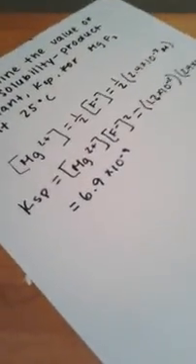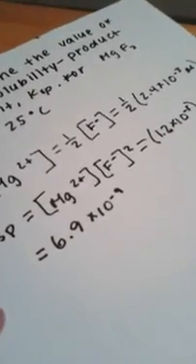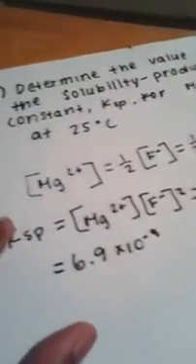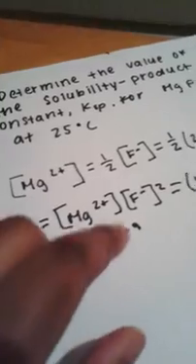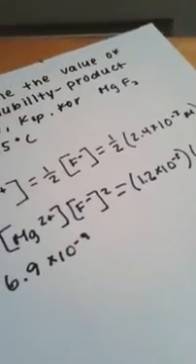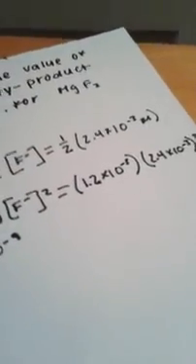Part 3 says determine the value of the solubility product constant KSP for magnesium fluoride at 25 degrees Celsius. So you have the magnesium, and if you do the moles, 1 magnesium equals half of the moles of fluoride.